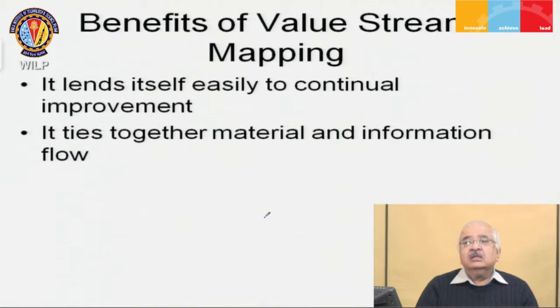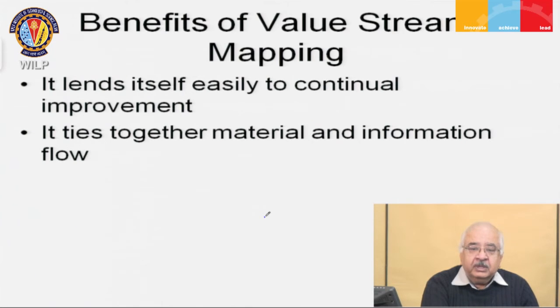In most of the other process mapping techniques, such as flow charting and other process charts, you tend to either map the material or you tend to map the information. But this is one technique which tends to combine both the material and the information flow together.